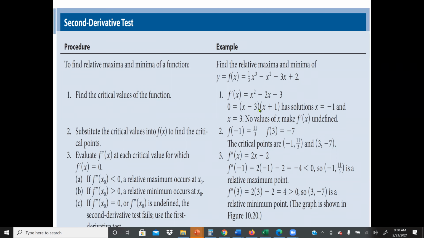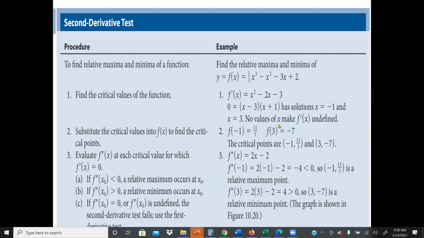So we get (x minus 3)(x plus 1). We find two values: when we multiply, we get minus 3, and when we combine, we get minus 2. So minus 3 times plus 1 gives minus 3, and minus 3 plus 1 gives minus 2. From here, we can see that x equals 3 and also x equals negative 1. So negative 1 and 3.